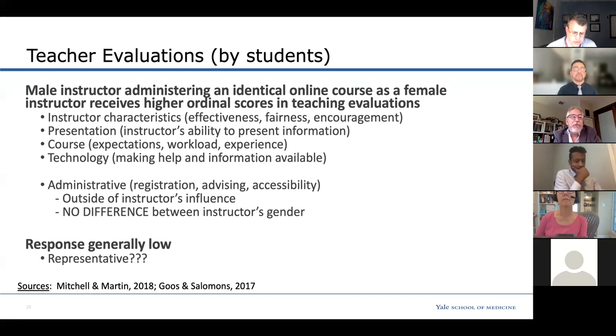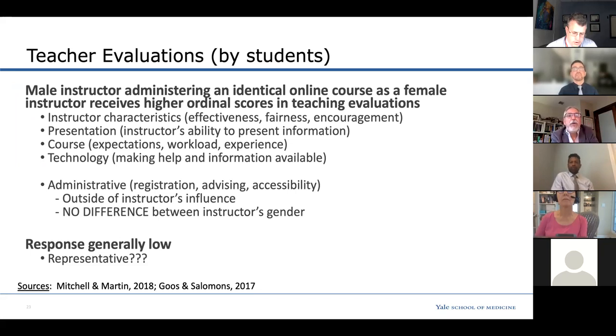For instance, there's a wonderful study by Mitchell and Martin where an online course was given, the slides and presentation gone through and taught exactly the same way by a female and by a male instructor. Then the students, after hearing this course, evaluated their teacher on an ordinal scale, on 5 different characteristics.